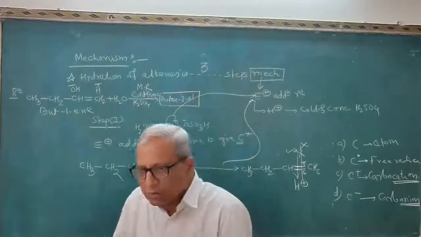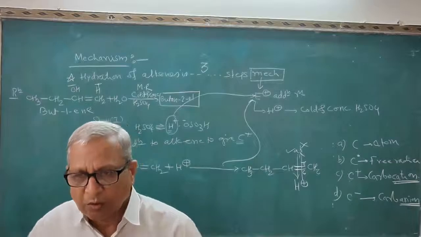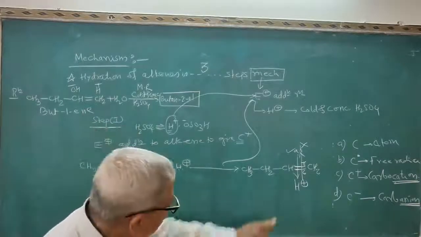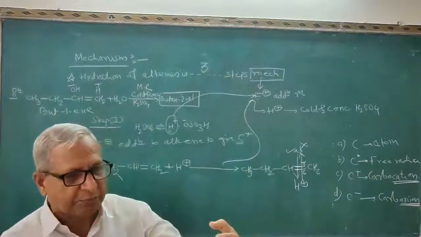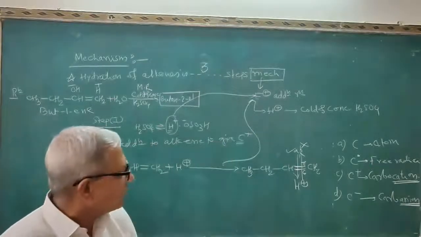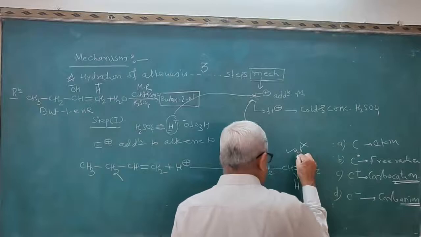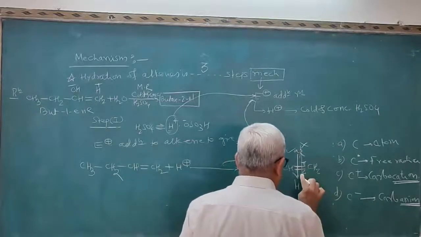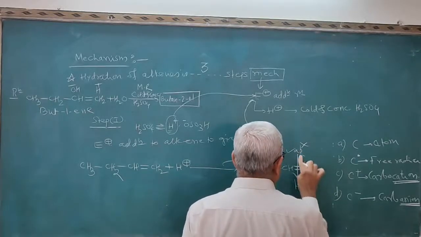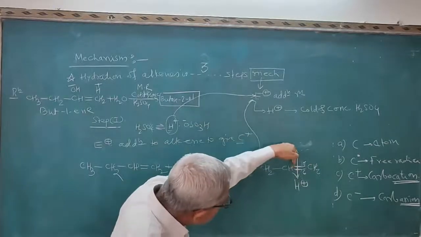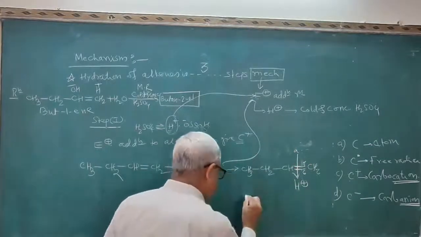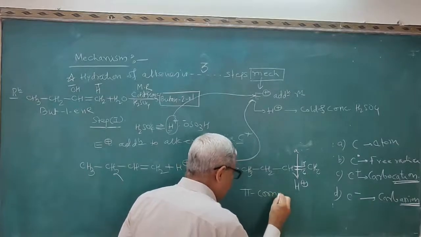The pi bond is electron rich. The pi electron cloud is easily donated to the electrophile H plus, and you know the electrophile H plus is electron poor, an electron acceptor. Therefore arrow A is correct and B is wrong, so I will remove arrow B here. And as the pi electron cloud is donated to the H plus, it is called a pi complex.